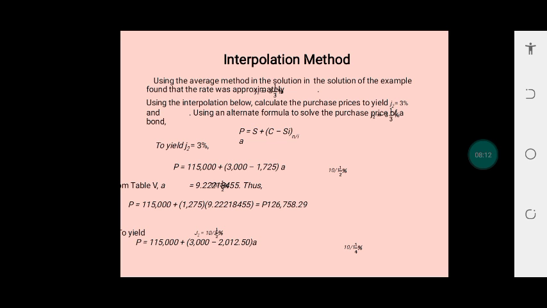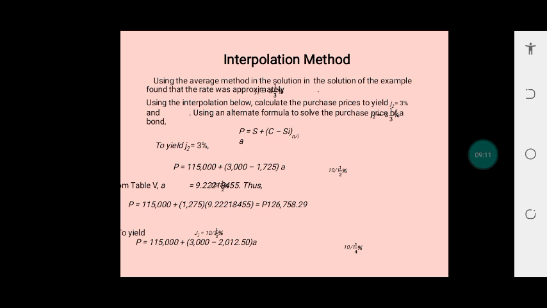That formula is P equals S plus the quantity C minus S times I, times a sub N over I. For g sub 2 equal to 3%, P is equal to 115,000 plus 3,000 minus 1,725, times the quantity a sub 10 over 1 and 1/2%.